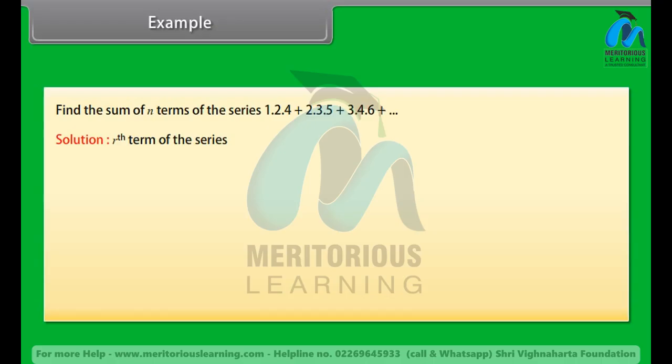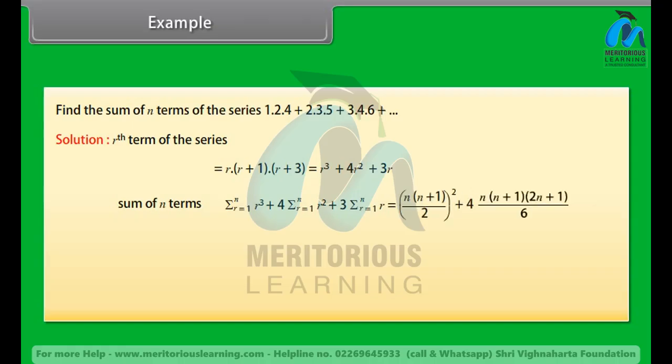Solution: rth term of the series is equal to sum of n terms equal to summation from r is equal to 1 to n of r cube plus 4 times of summation from r is equal to 1 to n of r square plus 3 times of summation from r is equal to 1 to n of r, which is equal to. On solving, we get n into n plus 1 by 12 multiplied by 3n square plus 19n plus 26.